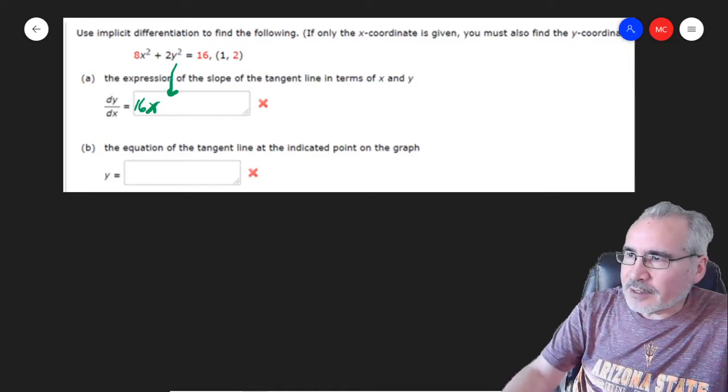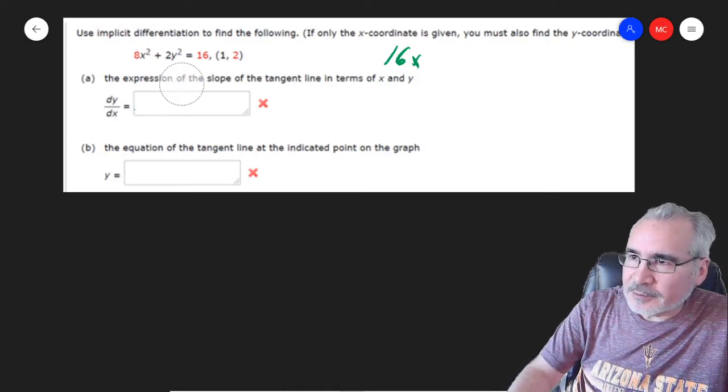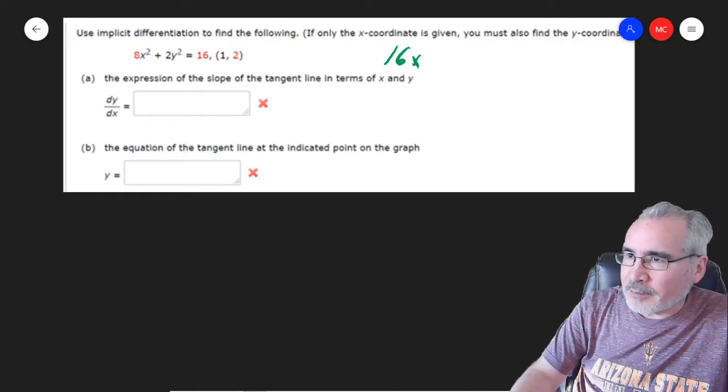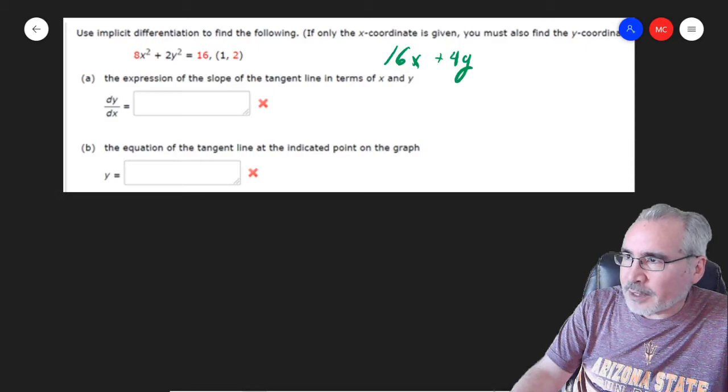I guess we can't actually do that. So let me do it over here, and then I'll clean it up later. This part is 2 times 2 is 4. y, 2 minus 1 is 1, y to the 1 power, and this one is dy dx.